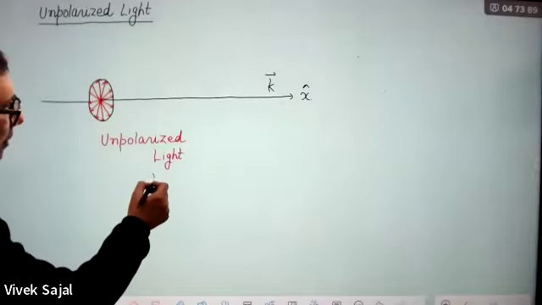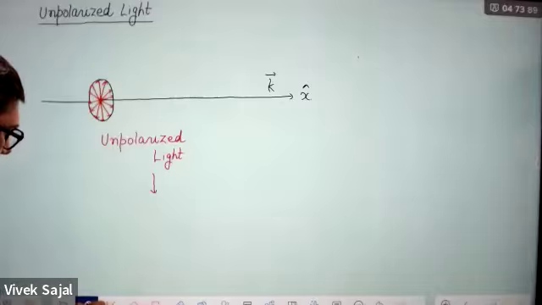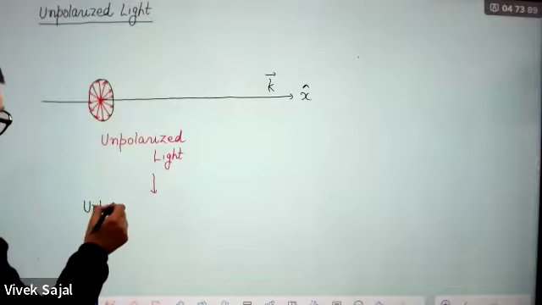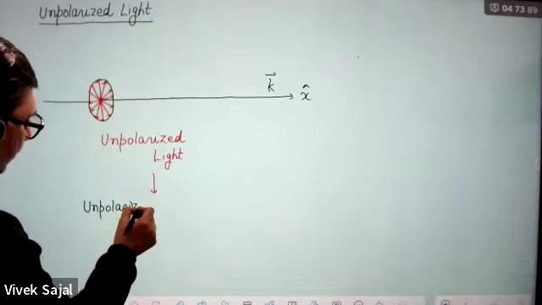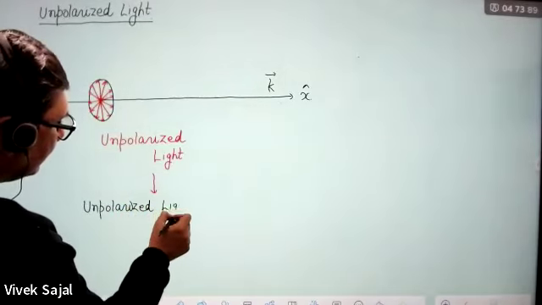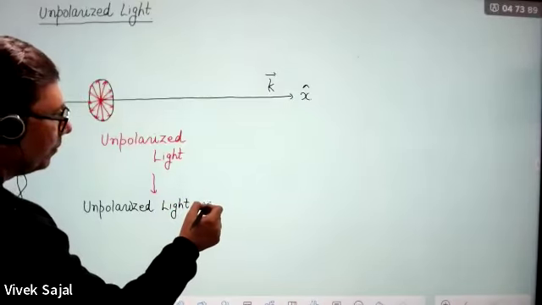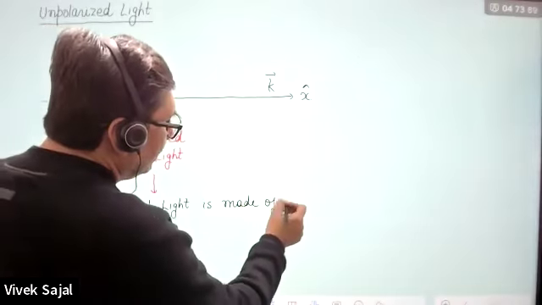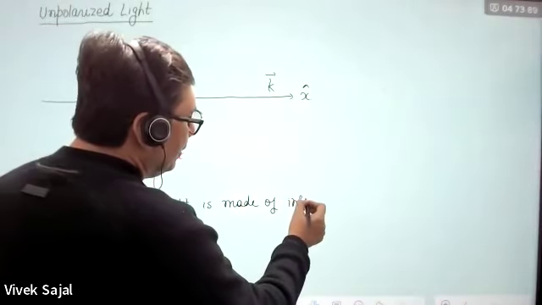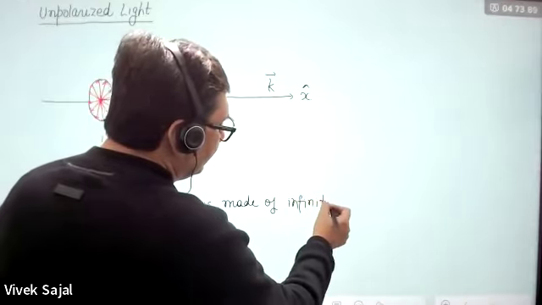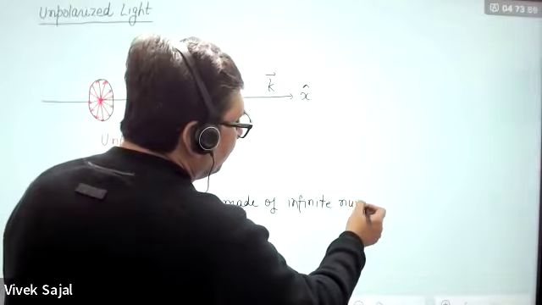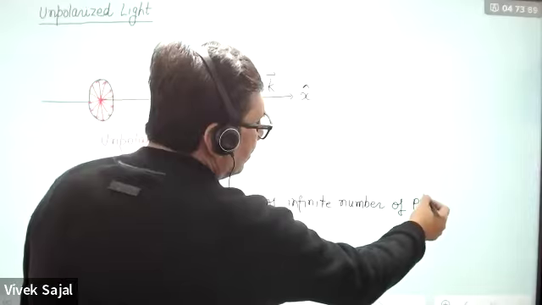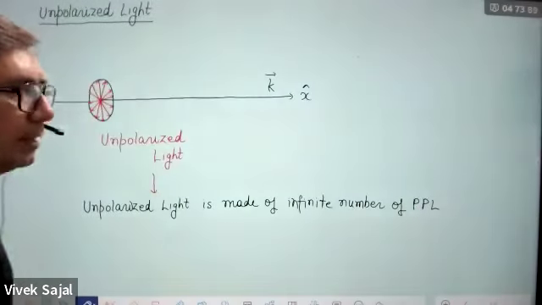So what can you say about unpolarized light? You can say unpolarized light is made of an infinite number of plane polarized lights. ठीक है.